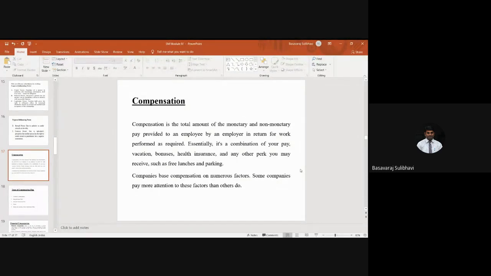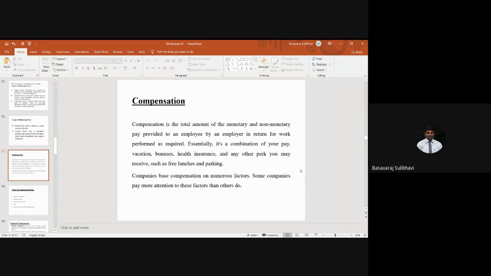Sometimes apart from money there are other types of compensation he receives. So compensation is the total amount of monetary pay, or non-monetary pay, not in the form of money, which is provided to an employee for his work given to the organization.